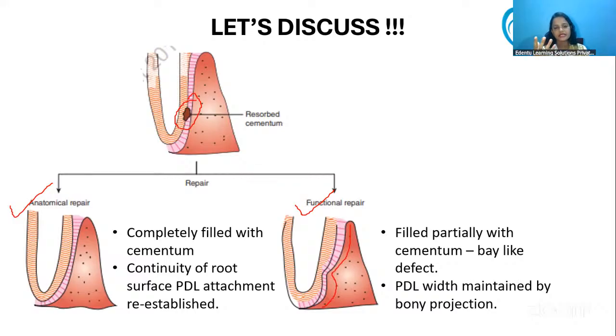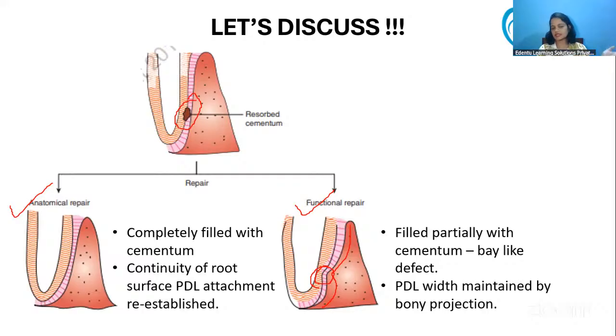If you look at it, you will see a bay-like defect, a depression in the root area. That will be very evident.